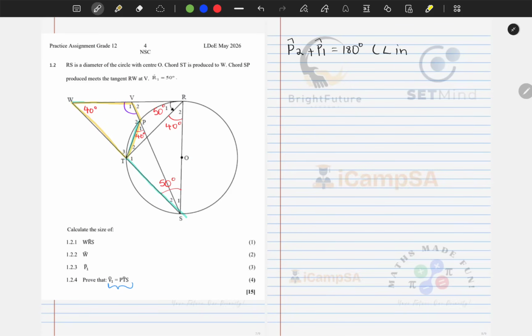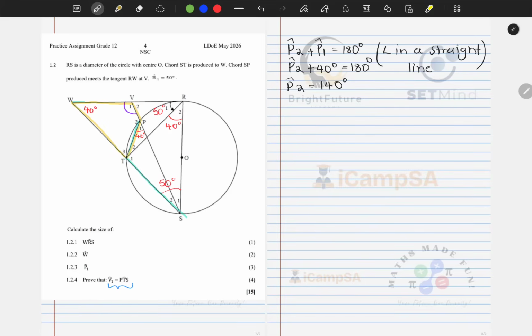These are angles in a straight line. So we're trying to get the angle that is inside so that we can sum all the angles. Which means that our P2 plus 40 degrees should be 180 degrees. And if you solve for P2, you will see that P2 will be 140 degrees.